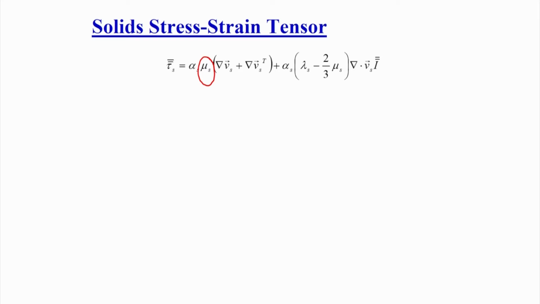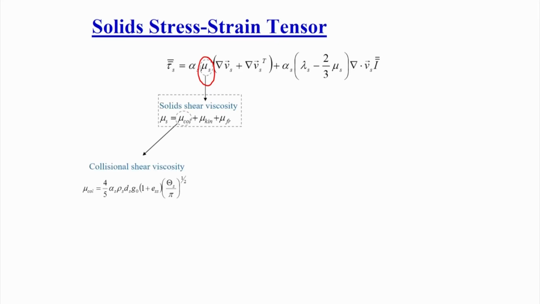To define the mu s, several researchers have given many correlations, but some are very critical or important, and I am going to discuss only those. The mu s, which is the solid viscosity, is defined as a summation of three different viscosities. Viscosity is a resistance to the flow, so that approach has been used to define the solid shear viscosity.